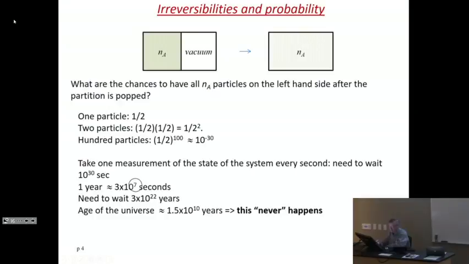One year is 10 to the power 7 seconds. So that would mean you would have to wait 10 to the power 22 years. Well, the age of the universe is 10 to the power 12 years. So that is the statistical meaning. This doesn't happen. It cannot happen within the age of the universe that even 100 particles end up here. That is the meaning of the word never.